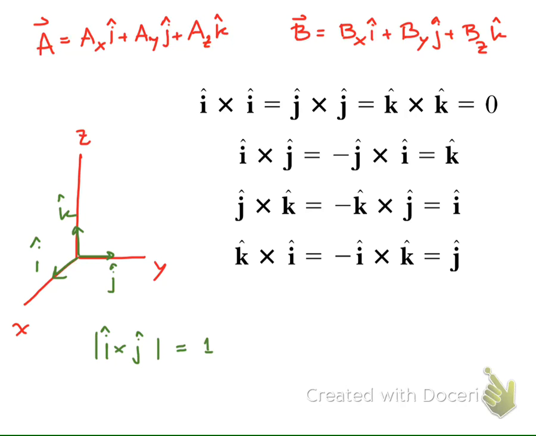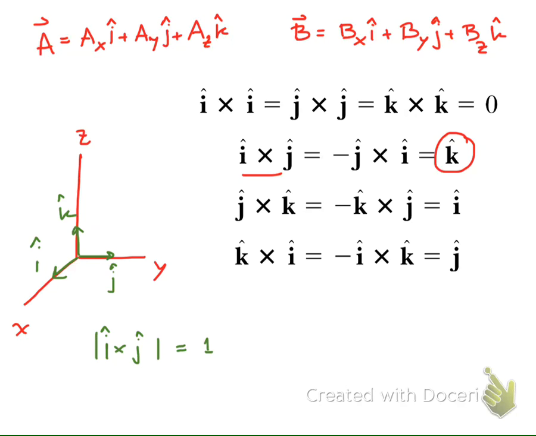So it means that sine theta is equal to 1 in this case. So we have i cross j is equal to k. And if we switch the position of i and j, we must have that i cross j is equal to the minus of j cross i, which is equal to k.